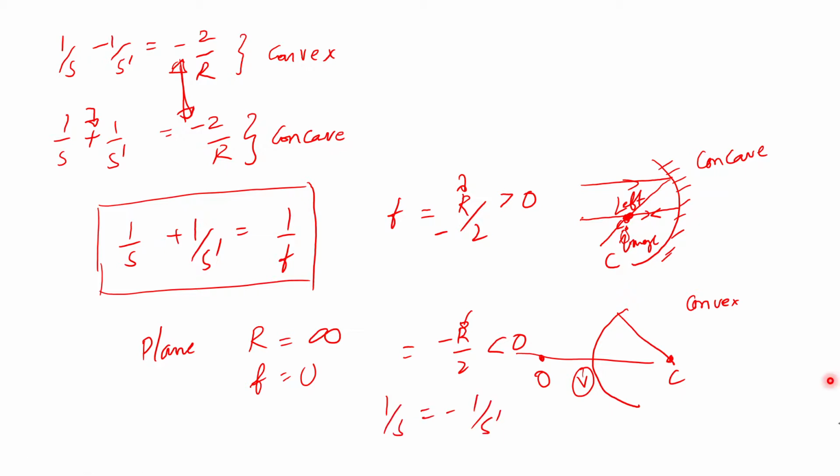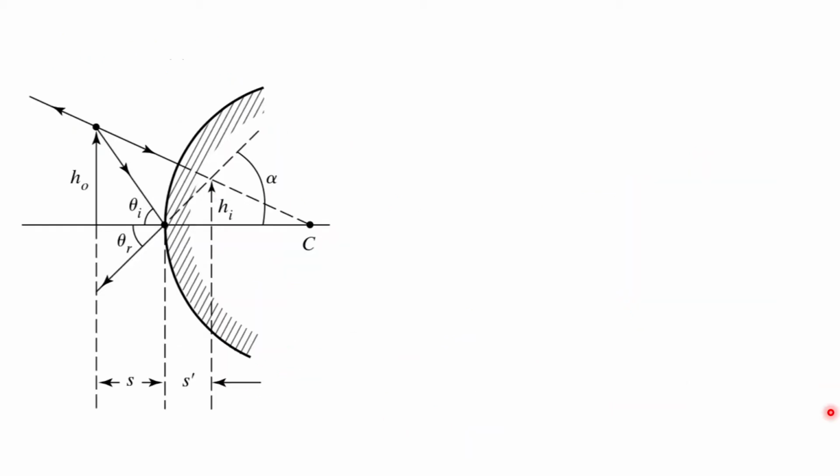Or if you're standing a few feet from the mirror, it would appear as if your image is standing the same distance behind the plane mirror, right? So in this way, by making the r equal to infinity approximation, we are able to verify what we have seen in the case of a plane mirror.